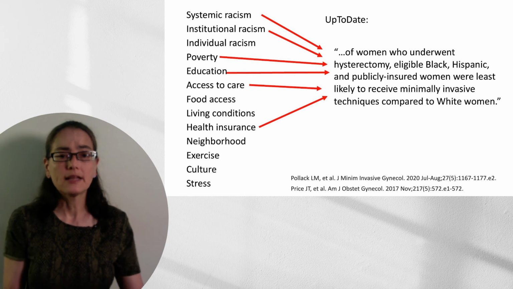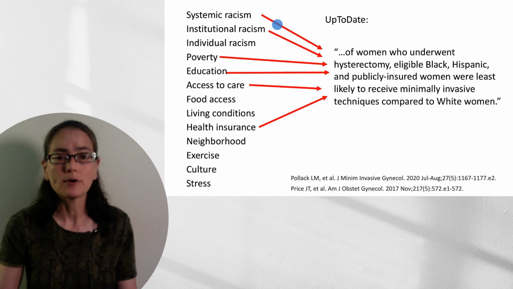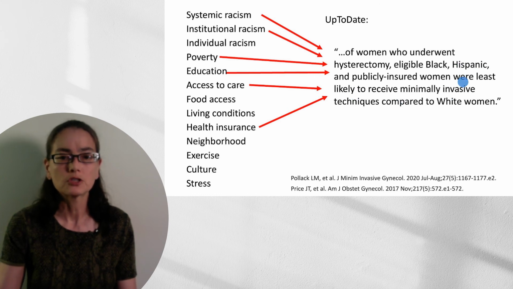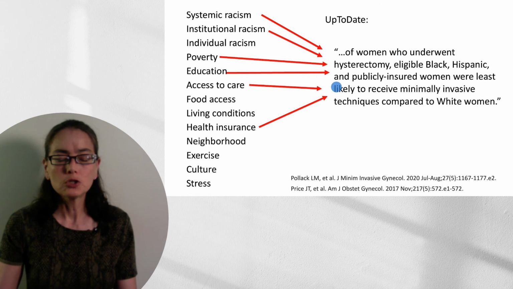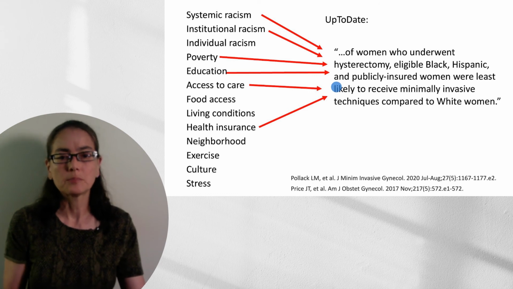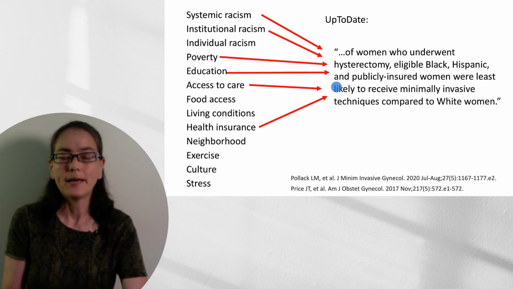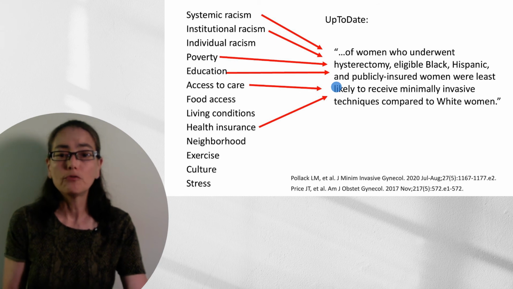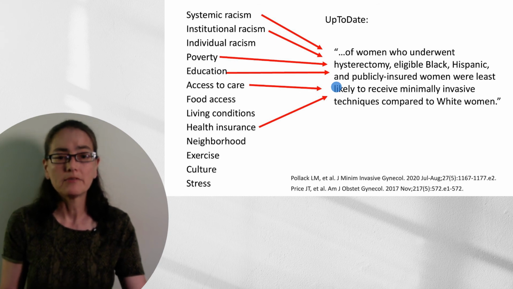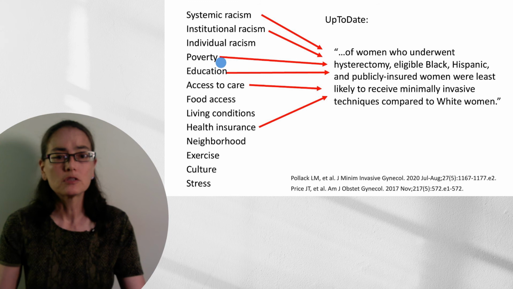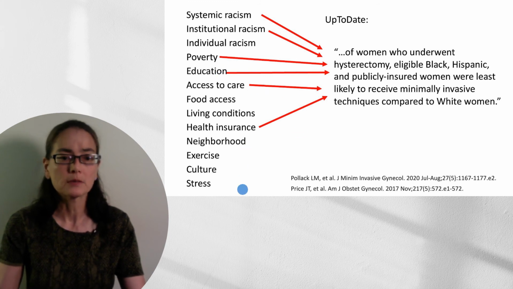And the factors that come into this, I would say, would be systemic racism, because it has to do with public insurance. So we discussed that our society does not support universal health care. Institutional racism, because the hospitals that primarily served Black and Hispanic patients tended to do fewer of these minimally invasive techniques. And then we have issues of poverty, education, access to care, and health insurance, as well as I'm sure some of these others come in as well.